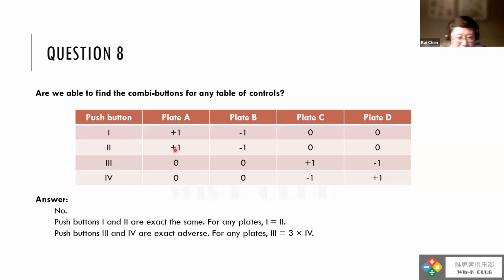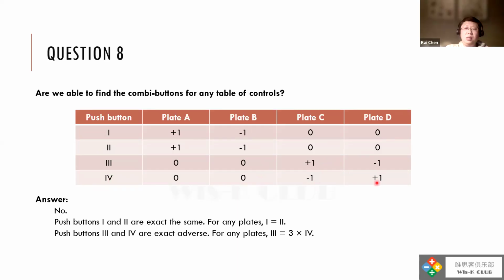Why? Because you see button 1 and 2 are exactly the same. Button 1 controls A by +1, place B by -1, C and D no change. And buttons 3 and 4 are exactly the reverse of each other. Here it is 0, 0, but then C is +1, while for button 4 it is -1, and D is -1 and +1.